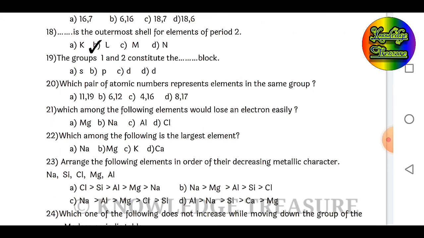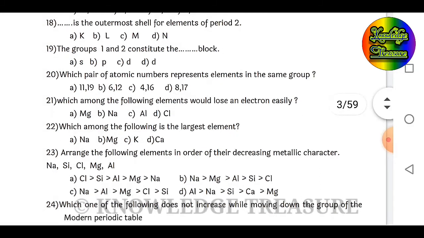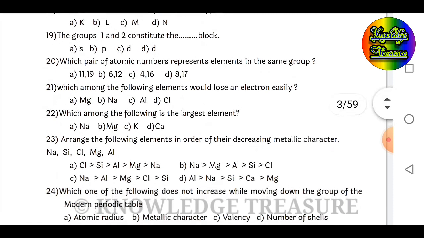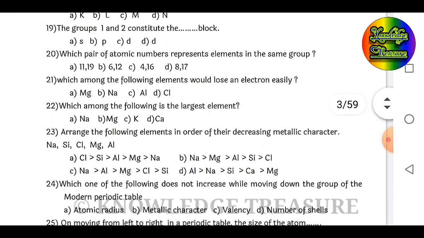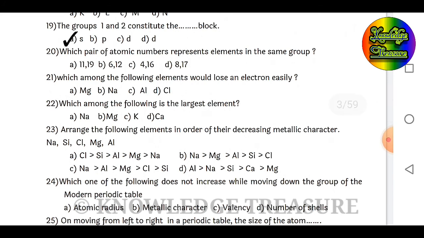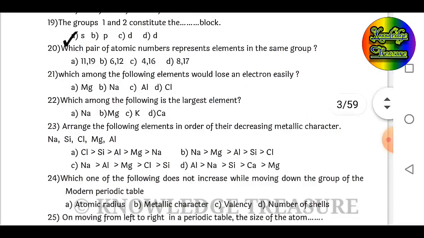19. The groups 1 and 2 constitute the dash block. A. S, B. P, C. D, D. F. The correct answer is A. S. 20.